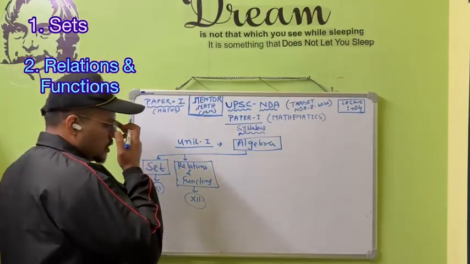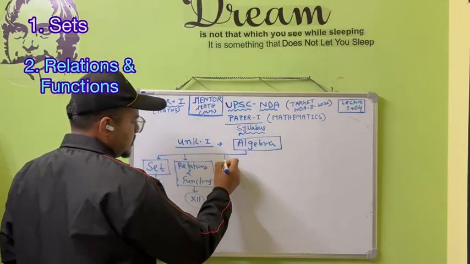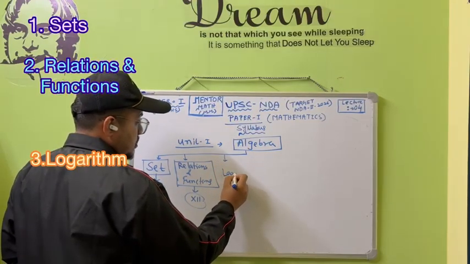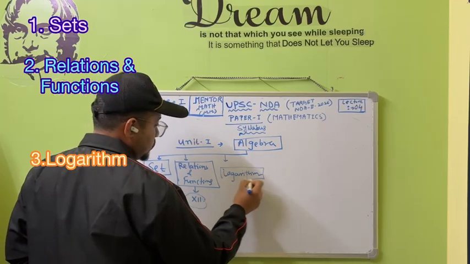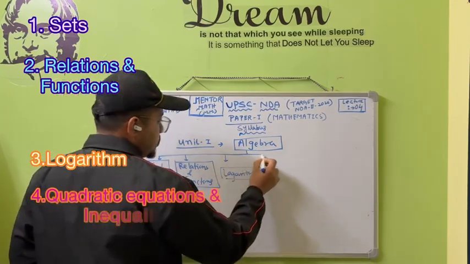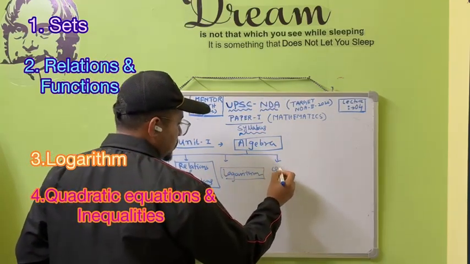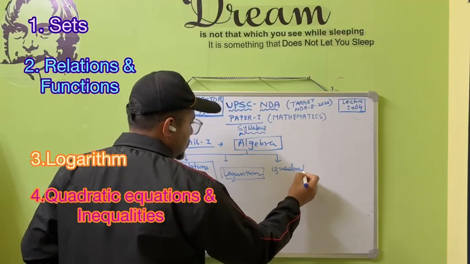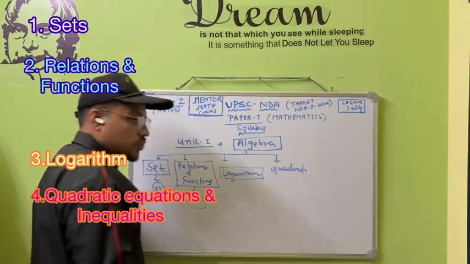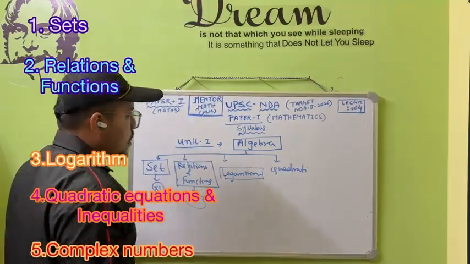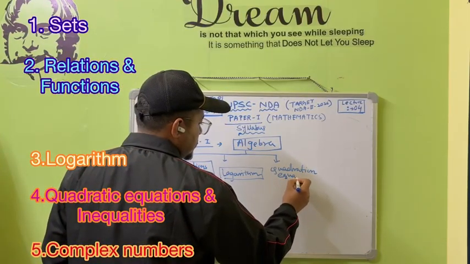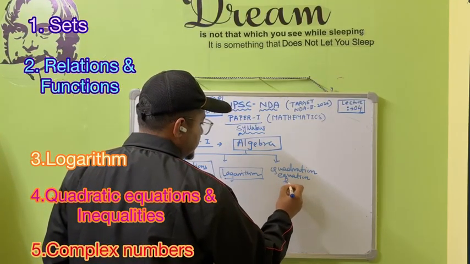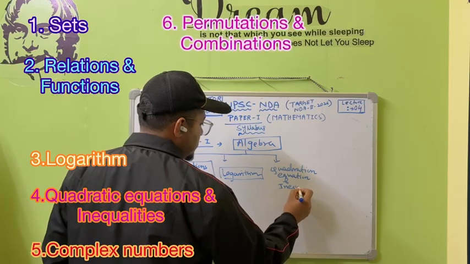Now comes your next part, that is logarithm. Very important, very useful chapter. Next comes quadratic equation. Quadratic equation you already studied in your class 10 and 11 also. Quadratic equation and inequalities.